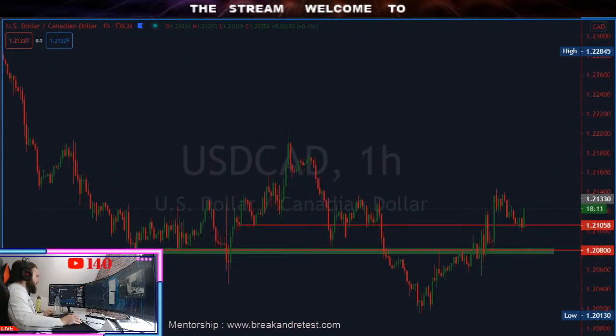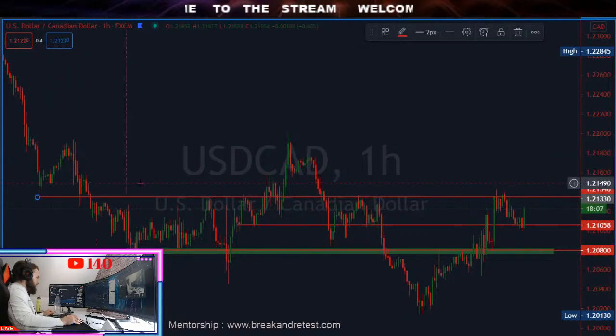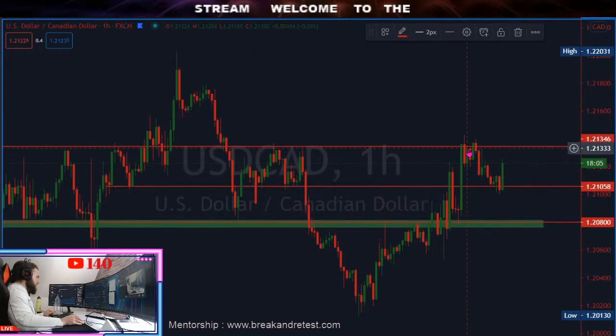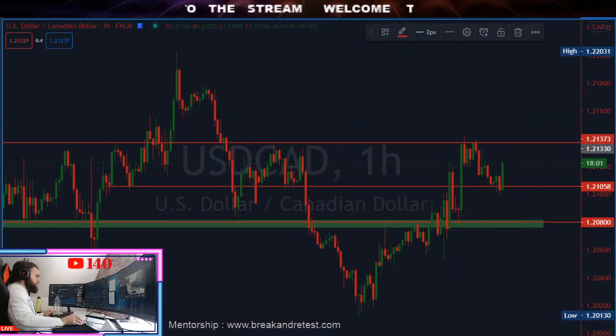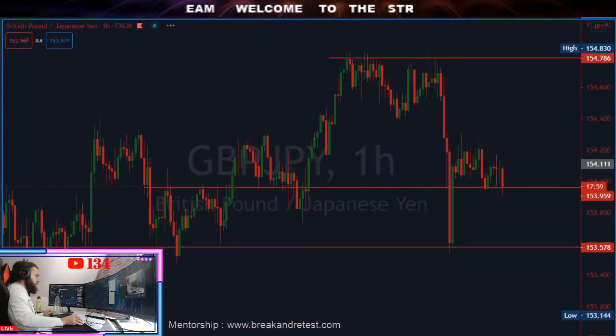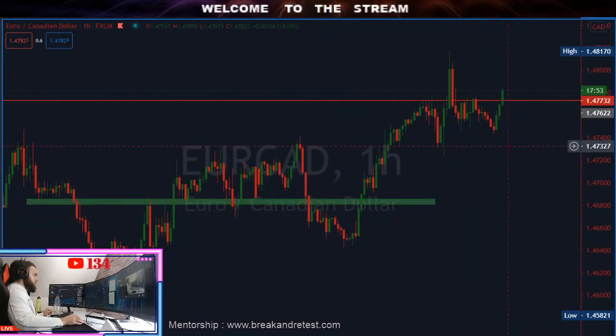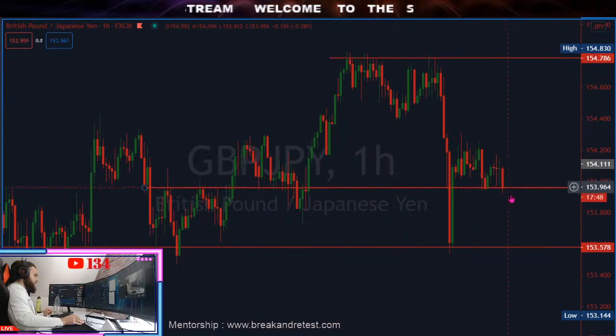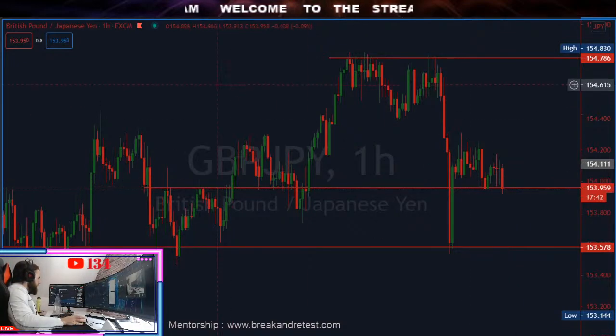Unless it breaks this zone, USDCAD is not going to be good. It's a pretty strong zone. We need to break this, then we'll see. For now, only EuroCAD is clean above resistance. Let's see if it's going to stay that way. GJ is just trying to break, but there's another 20 minutes left, so plenty of time to give us a breakout.